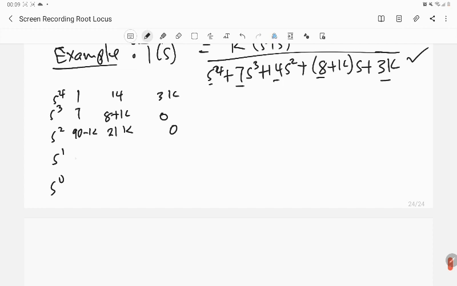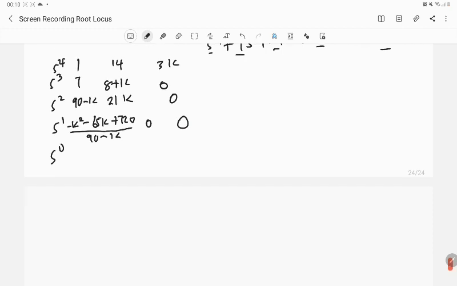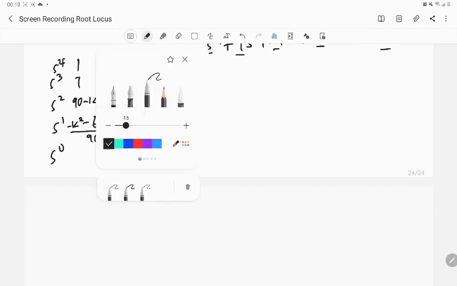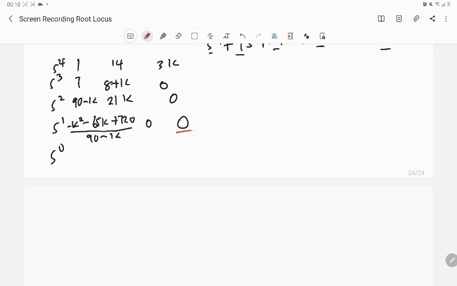Then you solve again, you get this column to be minus k squared minus 65k plus 720 all over 90 minus k, then 0 and 0. So since these two are already zeros, we have 0 here, 0 here. So what we'll do is we will force this to become 0. And then immediately, this is an odd power row.